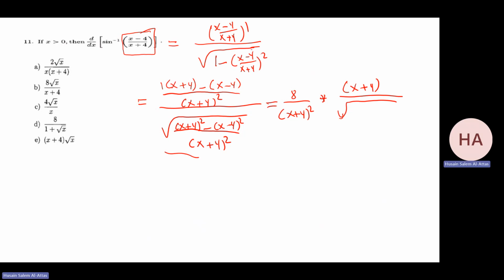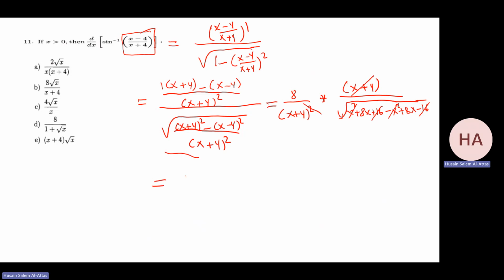I need to simplify this one: x squared plus 8x plus 16 minus x squared plus 8x minus 16, which is 16x. So this cancels, this cancels.